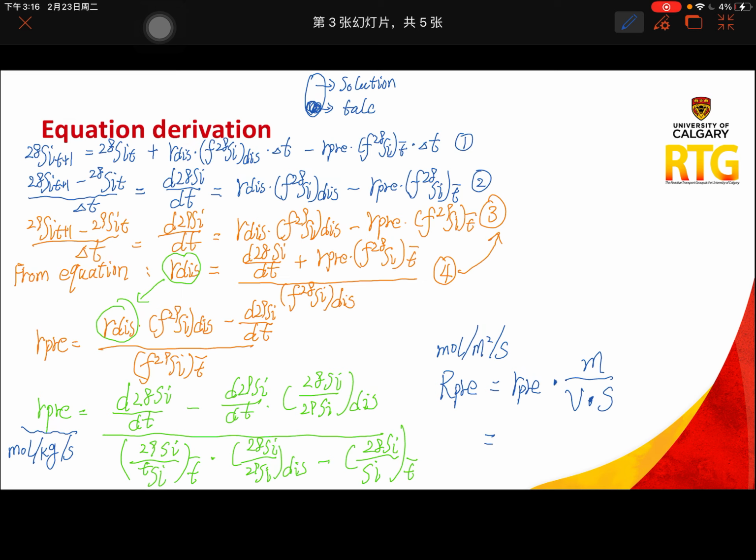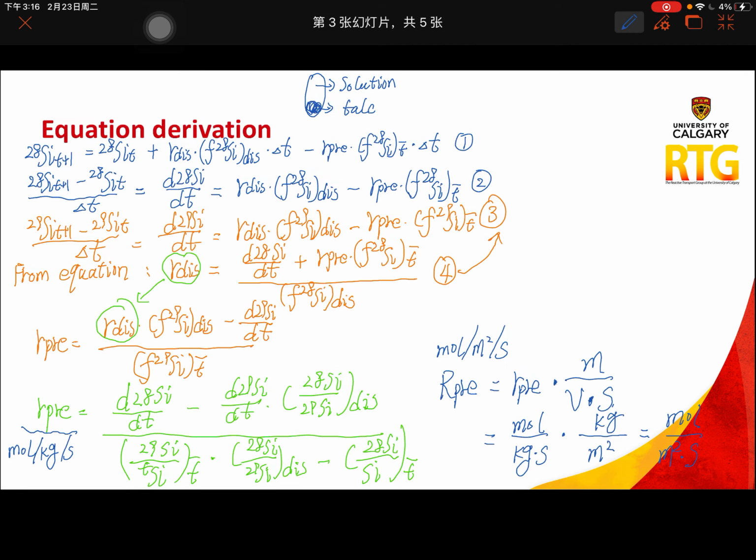If we check the unit, this is mole per kilogram per second times the mass of the solution in kilograms. Stoichiometry is unitless, and the surface is in meter squared, giving mole per meter squared per second. So this is the deduction process of these two equations.